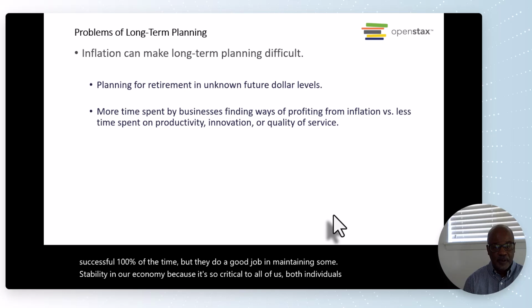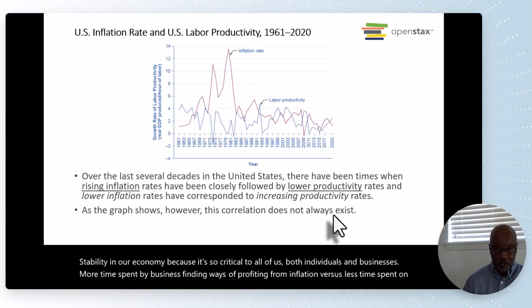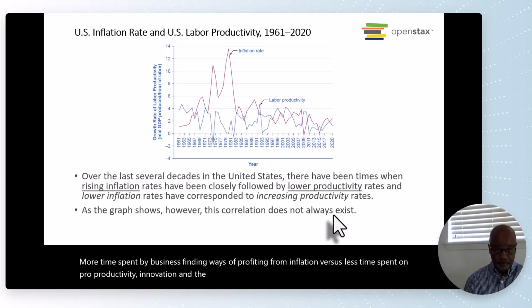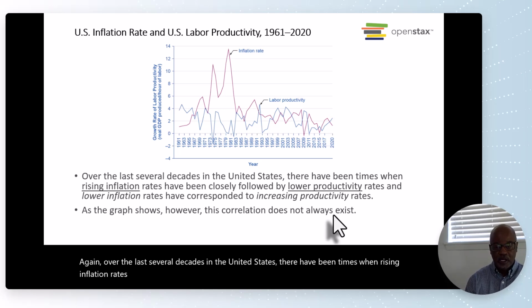More time spent by business finding ways of profiting from inflation versus less time spent on productivity, innovation, and the quality of service. Again, over the last several decades in the United States, there have been times when rising inflation rates have been closely followed by lower productivity rates, and lower inflation rates have corresponded to increasing productivity rates, as the graph shows.